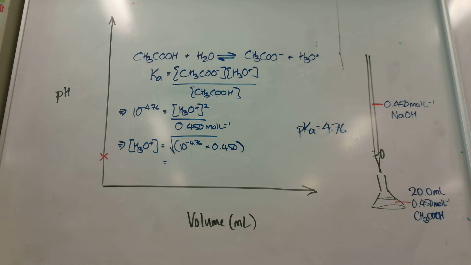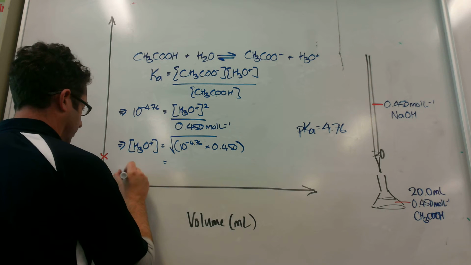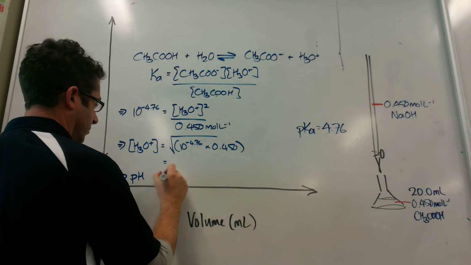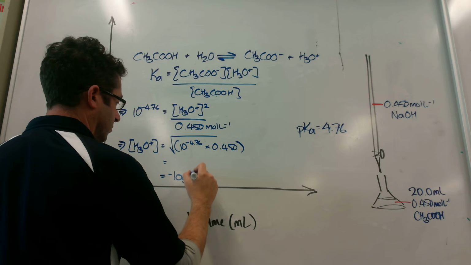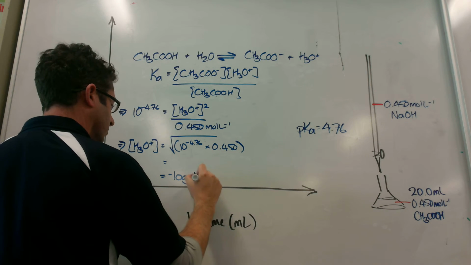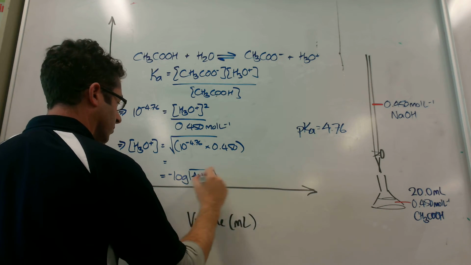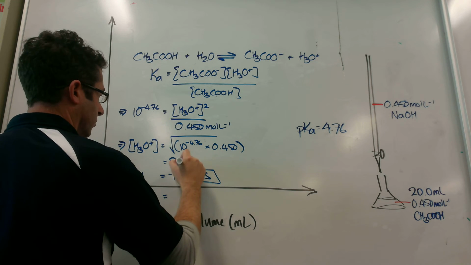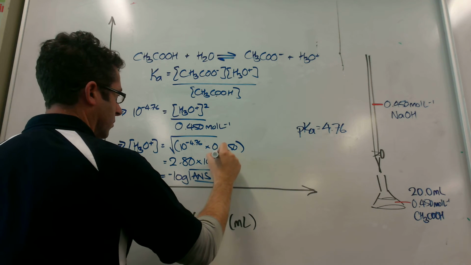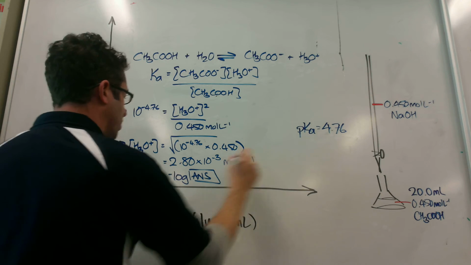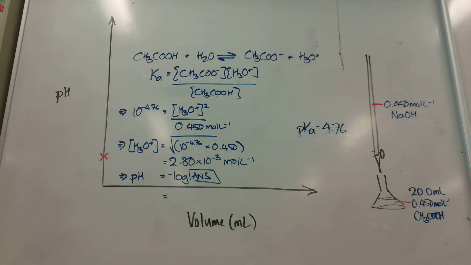I'm going to need some help with that if someone's got a calculator handy, please. And then if we can do the negative log of that answer, please. 2.55. Cool.